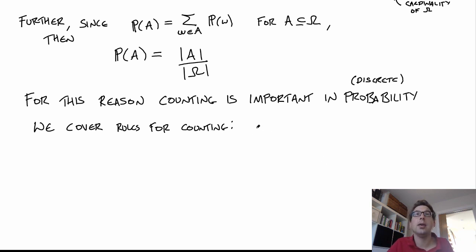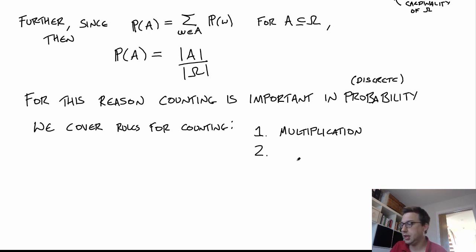So one, which will start easy, is just multiplying. That's where you have an outcome for each row and column entry, and then we multiply together to get the total number of entries.